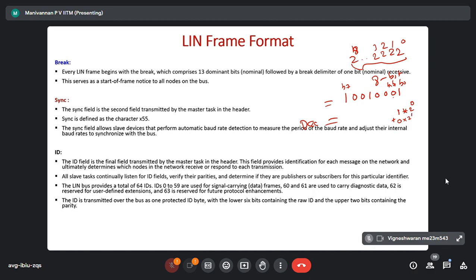Then plus 0 into 2 power 2, plus 0 into 2 power 3. Then plus 1 into 2 power 4, plus 0 into 2 power 5, plus 0 into 2 power 6, plus 1 into 2 power 7.